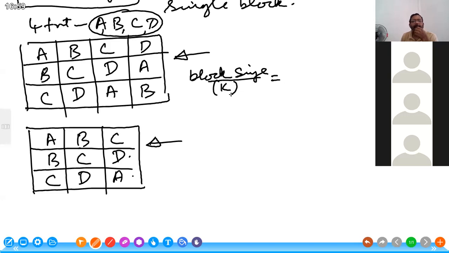Can somebody tell me? Can I write it like this in the first case? Block size is equal to the total number of treatments. So we give the total number of treatments as T.